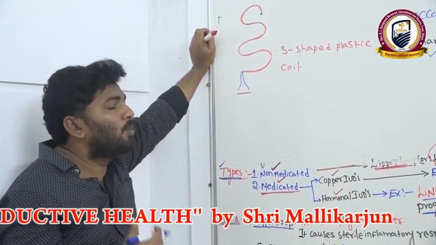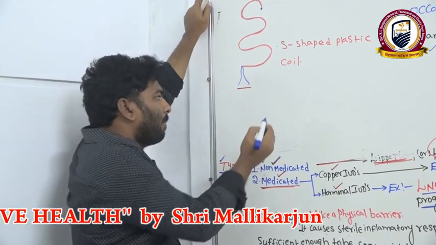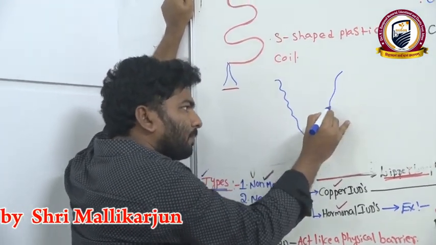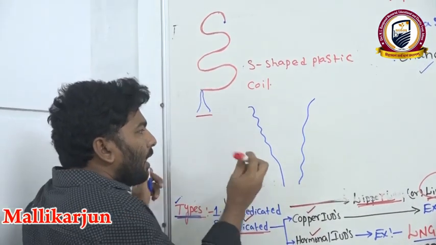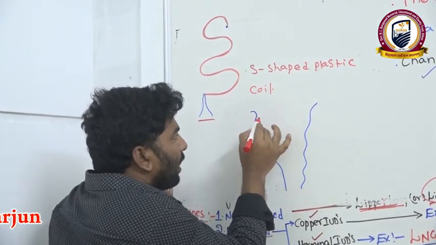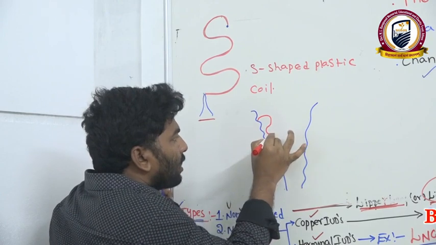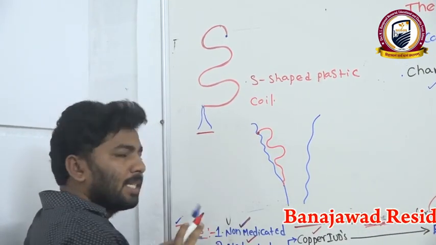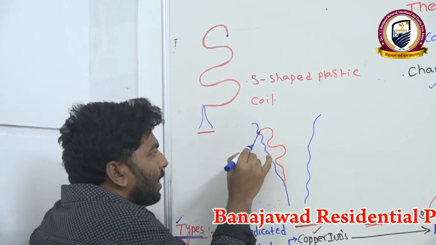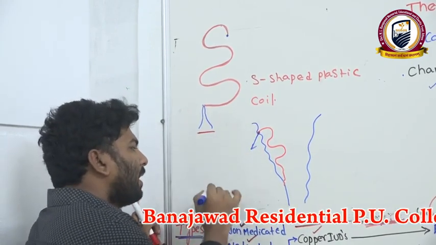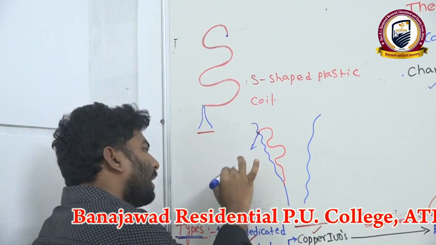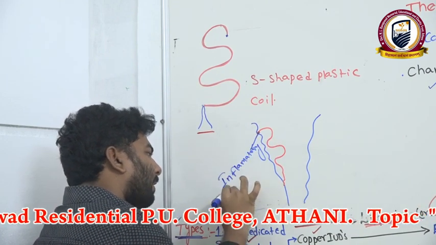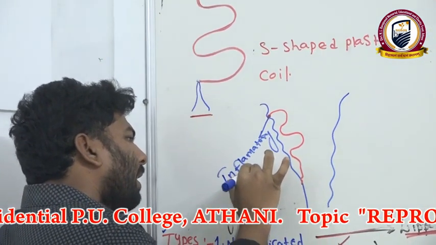Due to that infection, what happens? For example, if you take this as the uterus of the female, when you place the double S-shaped IUD here, what happens? It causes minor damage. Due to this damage, it causes an inflammatory effect.